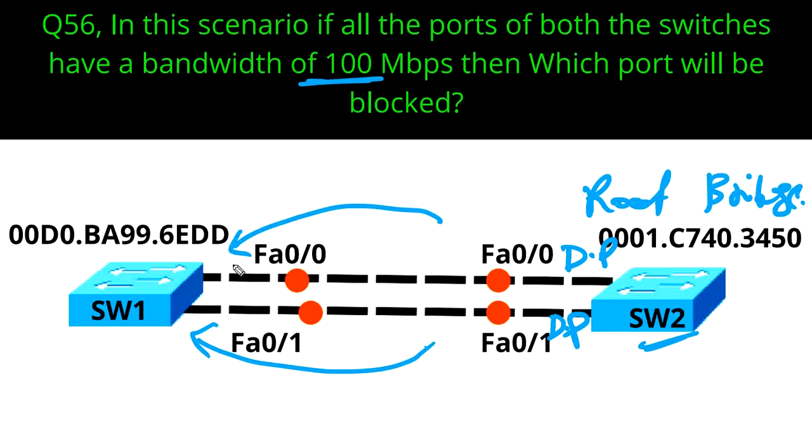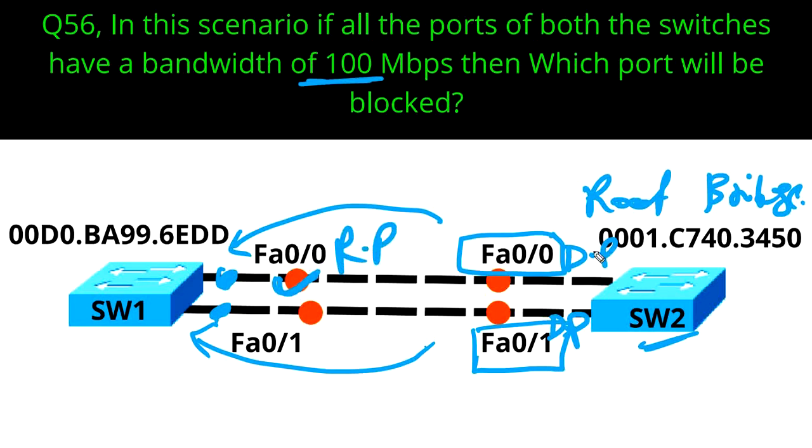On this interface, on FastEthernet 0/0, the sender port ID will be FastEthernet 0/0, and on this interface the sender port ID will be FastEthernet 0/1. So now switch 1 is receiving the superior BPDU on this interface, so this interface will become RP, root port.